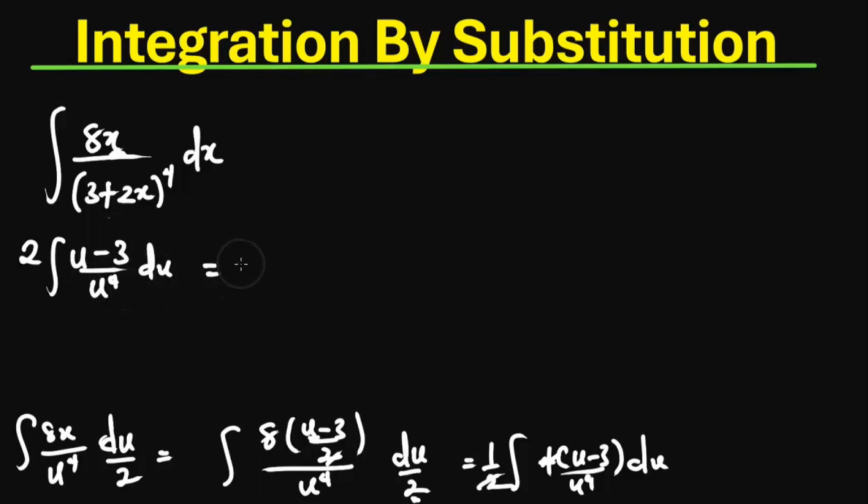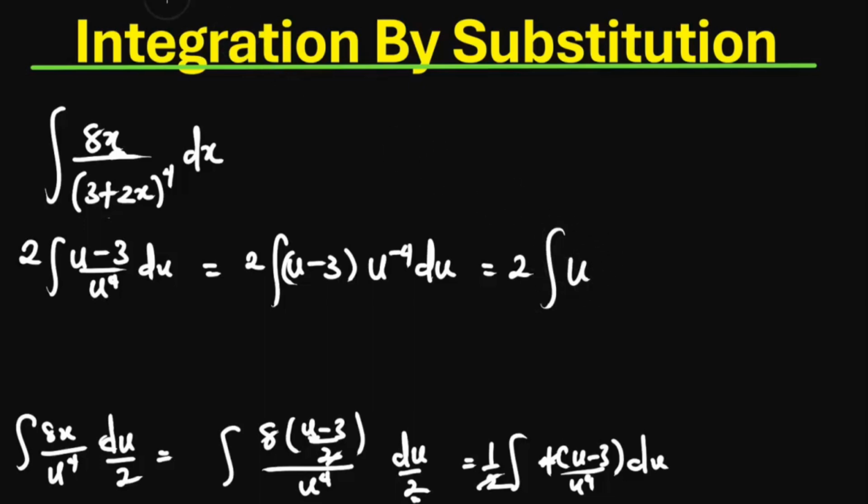Now this can be written as 2 times the integral of (u minus 3) multiplied by u raised to power minus 4, right, with respect to u. And this becomes 2 times the integral of u to the power 1 minus 4, right? This guy multiplied by this guy. We have to remember our laws of indices, right? So that's how we have u to the power 1 minus 4, and then minus 3 u to the power minus 4.